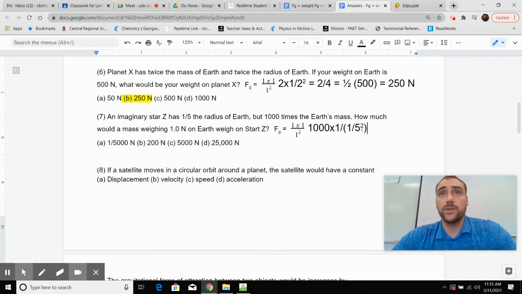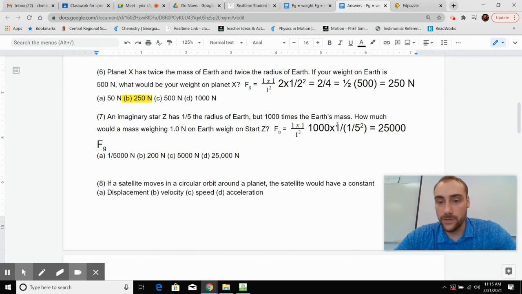So 5 squared, 25. So it'd be like dividing by 1/25th, which is the same as multiplying by 25. So you're having 1,000 times 25. So you're going to have 25,000 times the gravitational force.